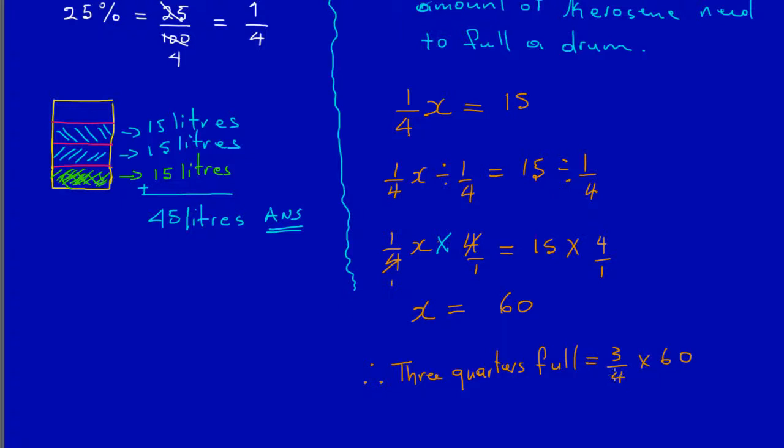And here, if you notice clearly, we could cancel out by saying 4 into itself goes once, and 4 into 60 is 15. And 3 times 15 is equal to 45 liters. Okay, and if you look carefully, we would have our 45 liters there.